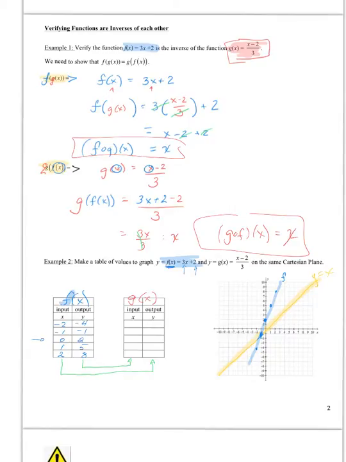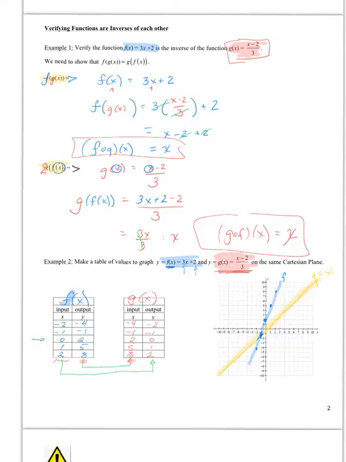So I know for g of x, if I were to substitute in these values for x, so -4, -1, 2, 5, 8, I should get the domain values for my function f. So go ahead and try that, verify that, and you do.